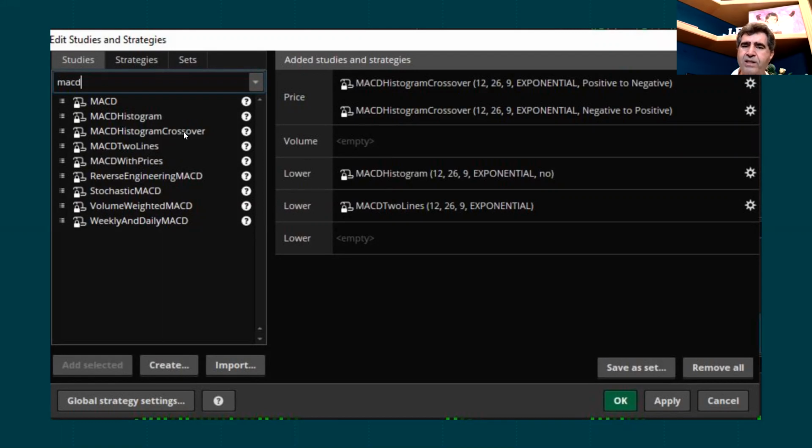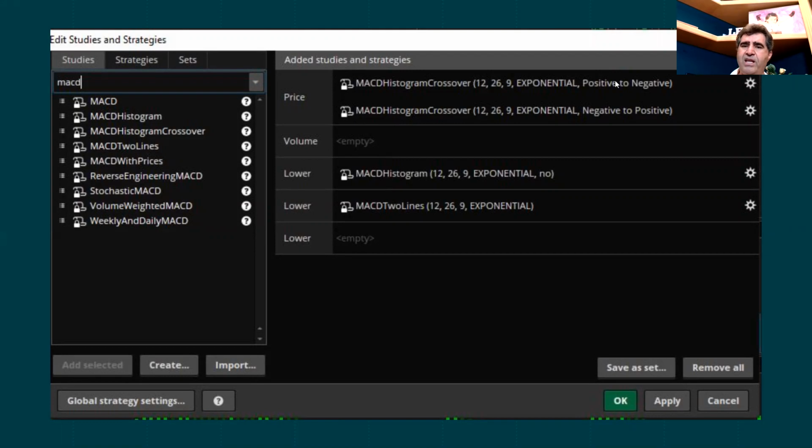When you click it once, it will show you MACD histogram crossover, positive to negative. Now, if you want to have the sell signals, you click the second time and just change. When you go here to edit, change from positive to negative to negative to positive.